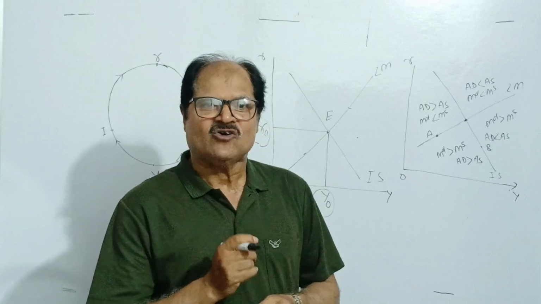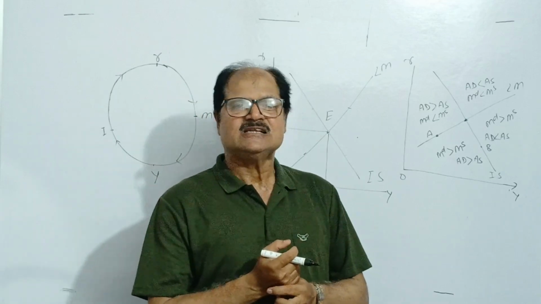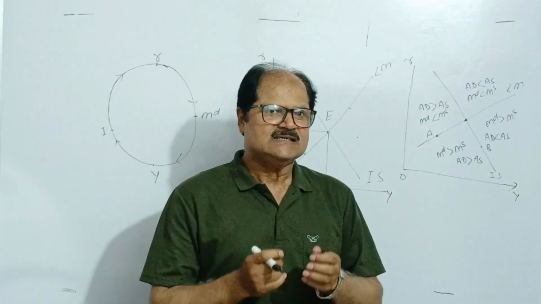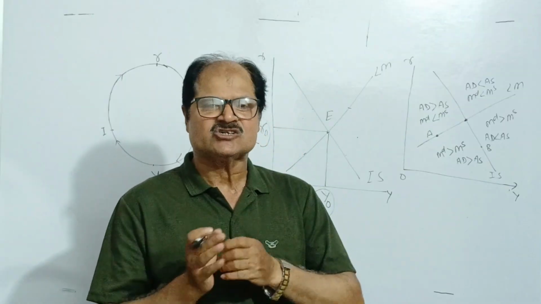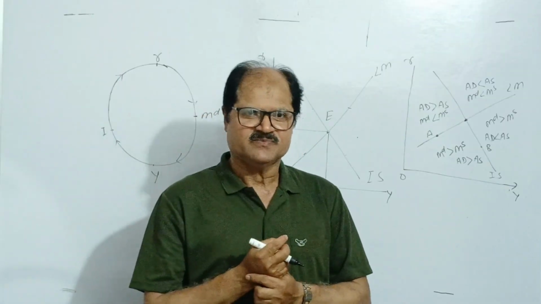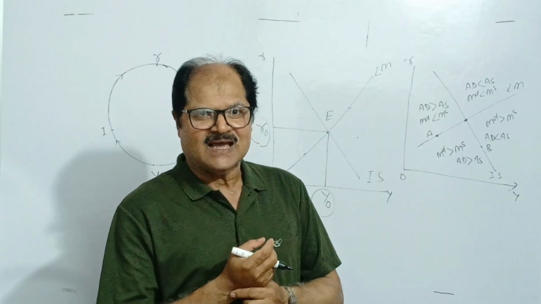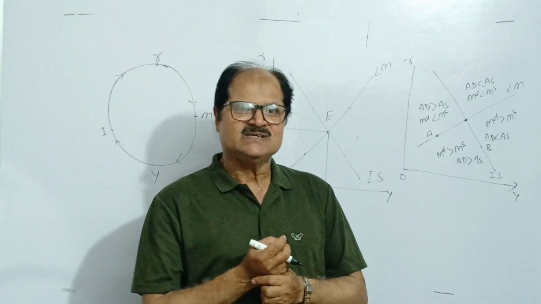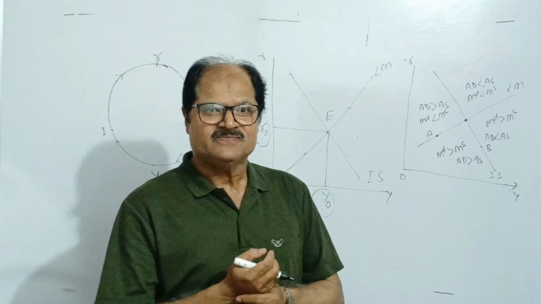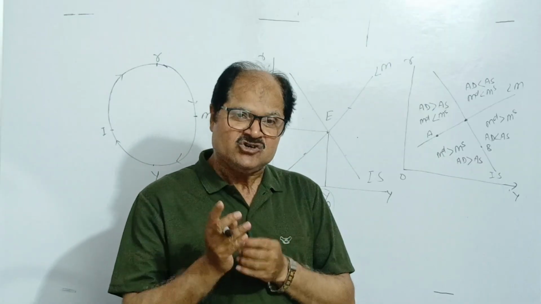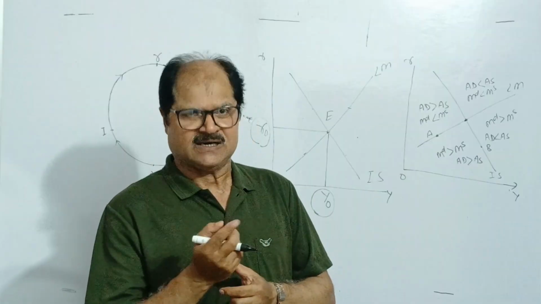IS-LM model is also called a general equilibrium model because this model establishes simultaneous equilibrium in two markets, money market as well as goods market. And any equilibrium is said to be general equilibrium if this ensures equilibrium in more than one market.